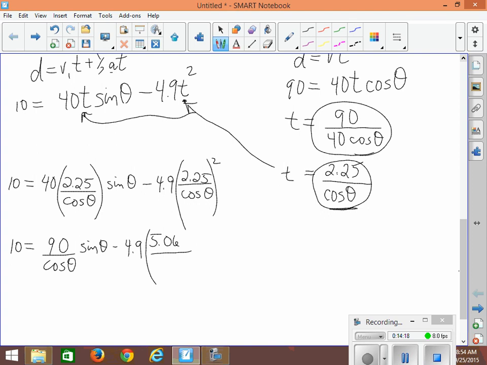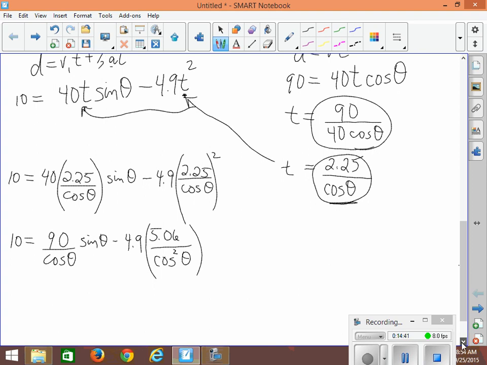And then on the bottom, if you square cos theta, cos theta times cos theta, we have cos theta squared. And I don't know if you remember from grade 11 identities, we write it like this, and we call it cos squared theta, right? But that just means the square, cos theta times cos theta. All right.